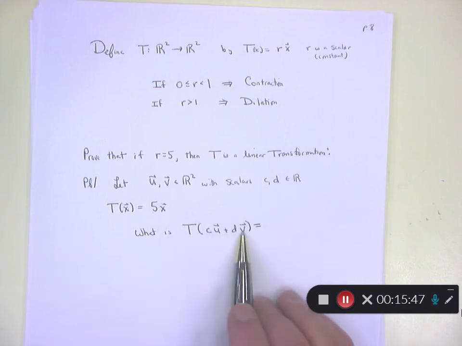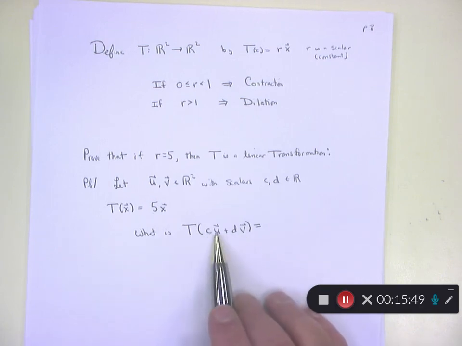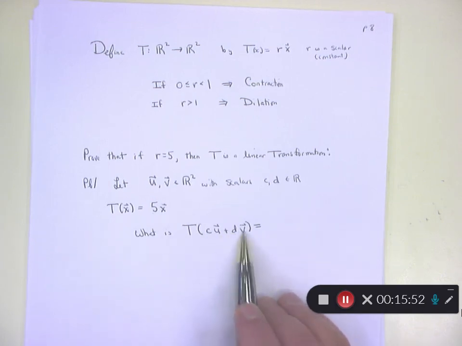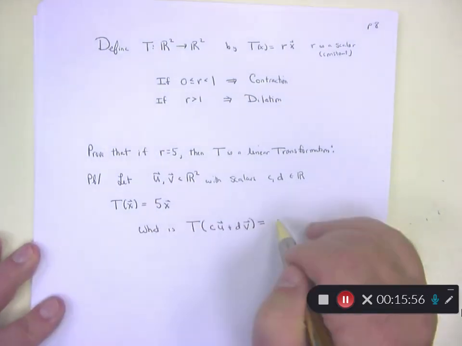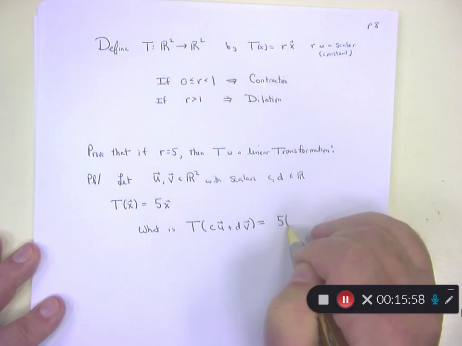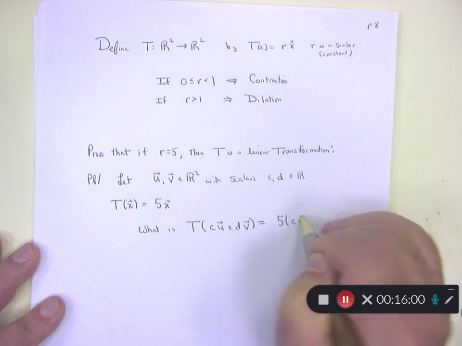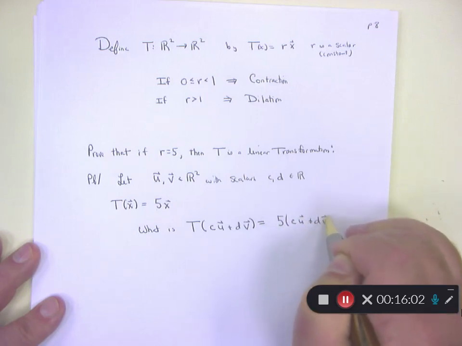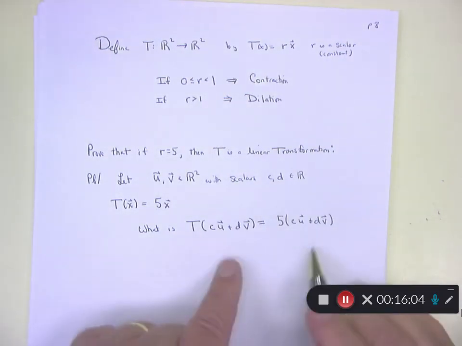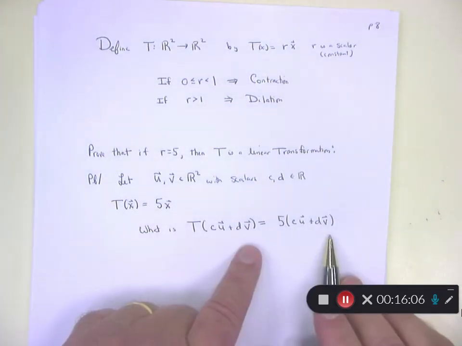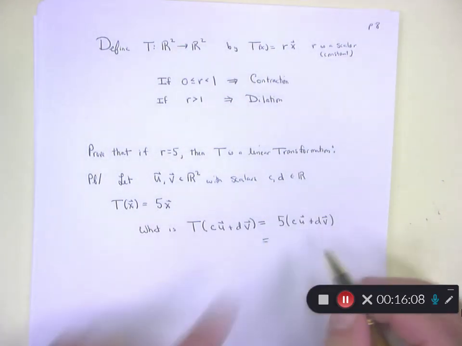This is one big vector, right? When you take a constant times a vector plus another constant times another vector, that's one big vector. So according to my rule, that would be 5 times (c times vector u plus d times vector v). That's the rule. Agreed? Clean that up for me.